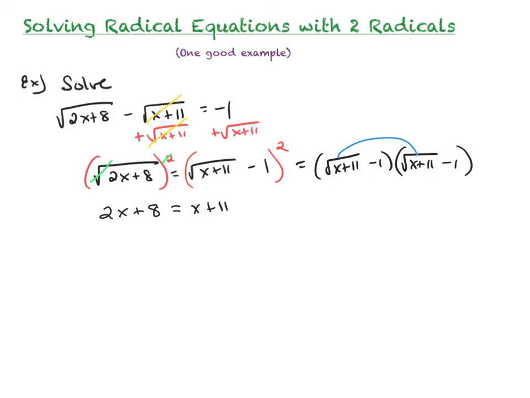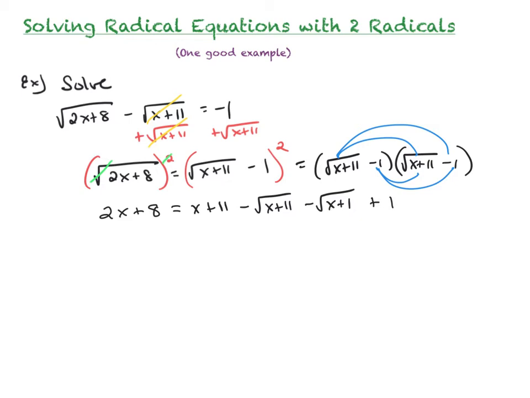And then the square root of x plus 11 times a negative 1 is negative square root x plus 11. We have another one of those. Negative 1 times the square root of x plus 11 is negative square root x plus 11. And then finally, negative 1 times negative 1 gives us positive 1.